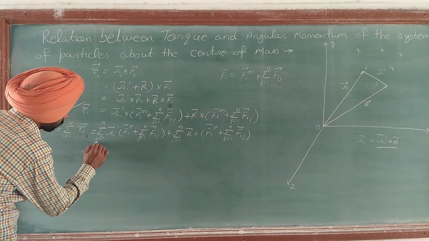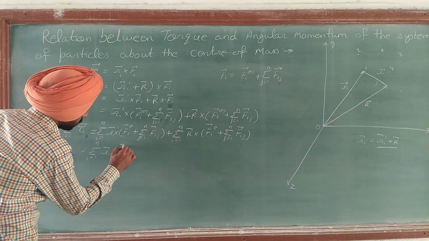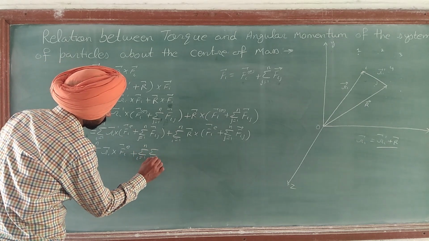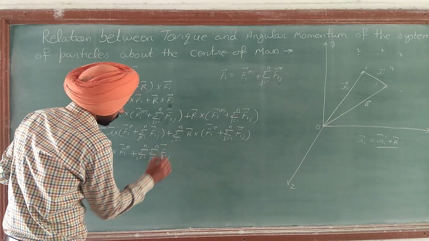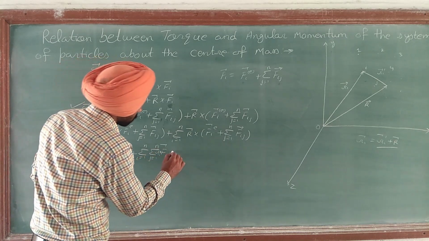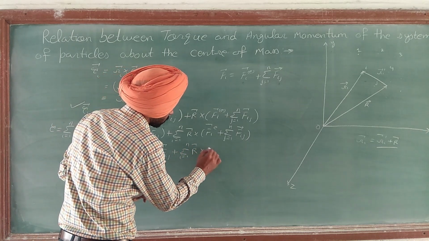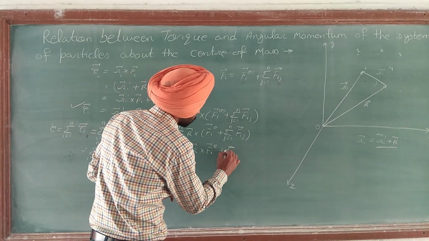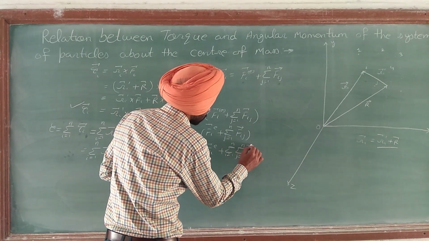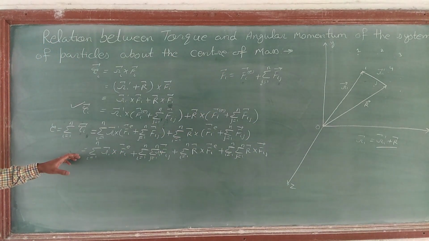Summation i equal to 1 to n ri prime cross Fi external plus summation i equal to 1 to n summation j equal to 1 to n ri prime cross Fij plus summation i equal to 1 to n R cross Fi external plus summation i equal to 1 to n summation j equal to 1 to n R cross Fij. So this is the rearranged form of this equation.